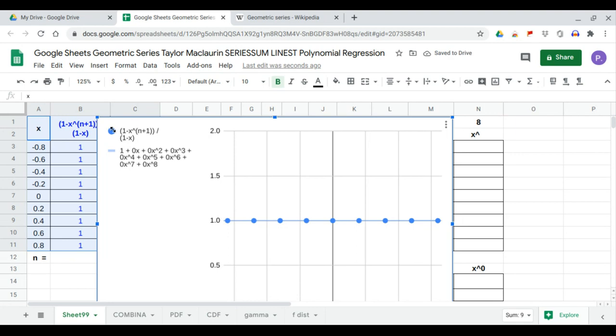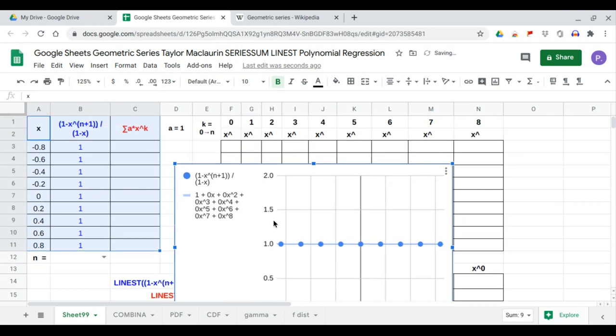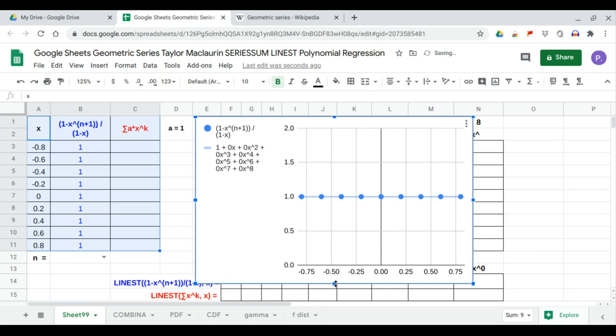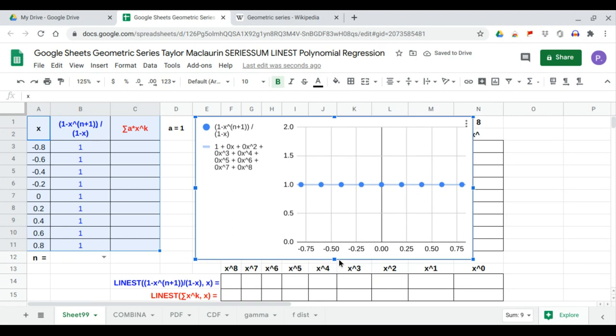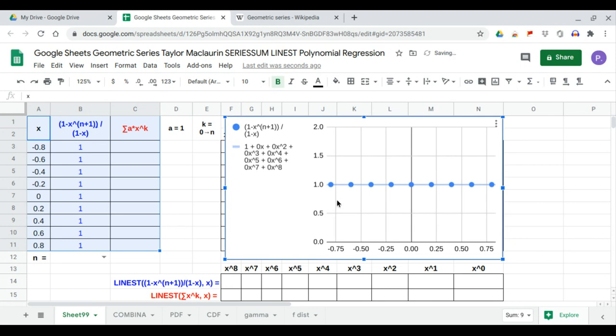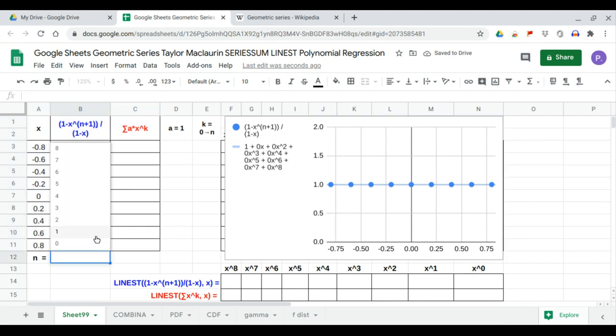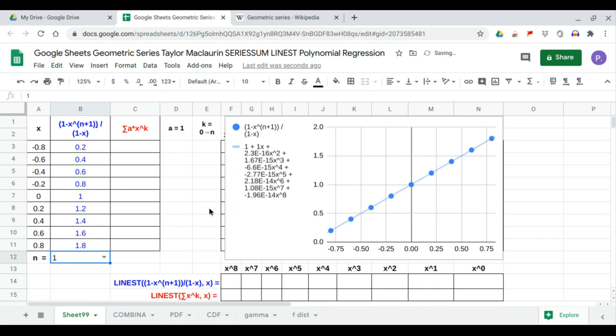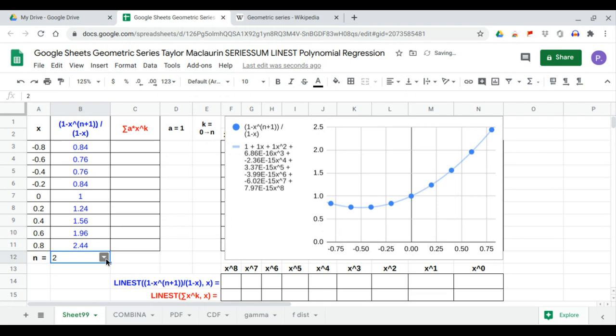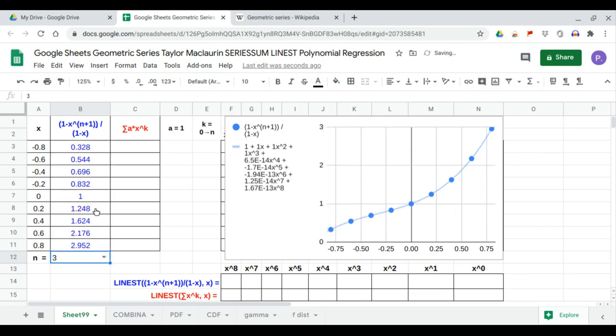Here you have the trend line and the trend line equation, or the trend line polynomial of the geometric series. So we have n equals 1, n equals 2, 3, and 4.